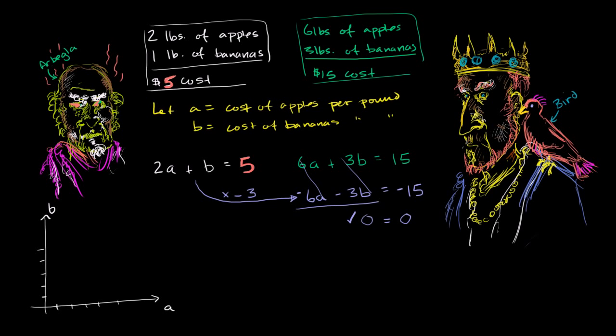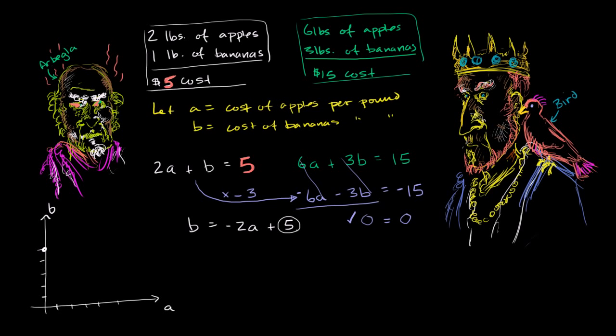So this first equation, if we subtract 2a from both sides, I'm just going to put it into slope-intercept form, you get b is equal to -2a plus 5. And if we were to graph that, our b-intercept, when a is equal to 0, b is equal to 5. So that's right over here. And our slope is -2.